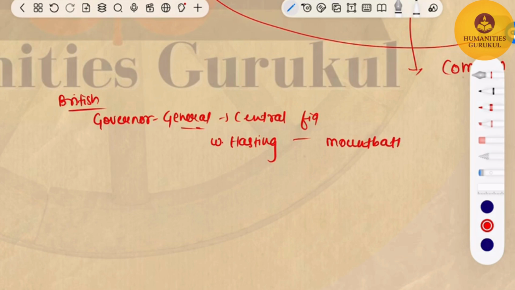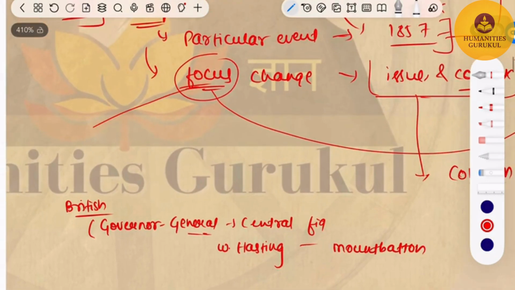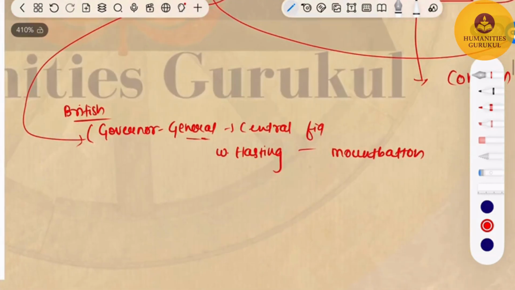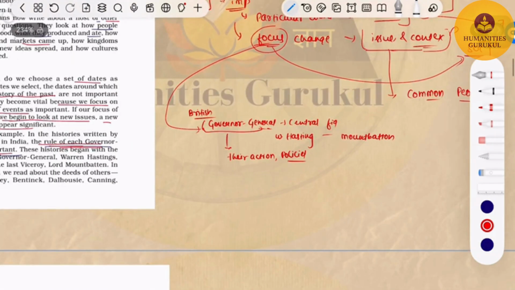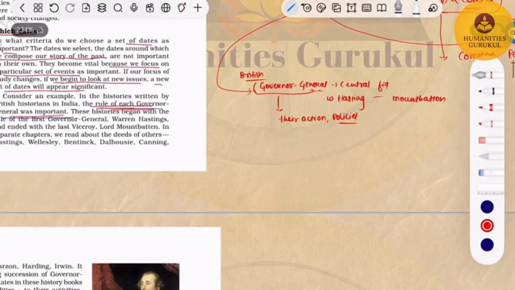So in this topic the focus now changes to the Governor General. We will focus on their actions, their policies, or whatever achievements happened in their rule.